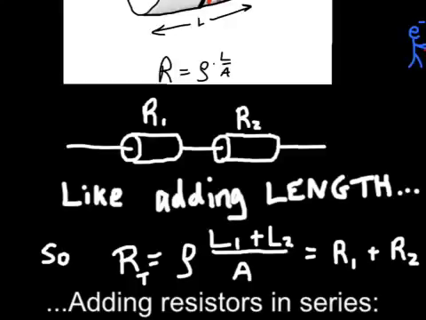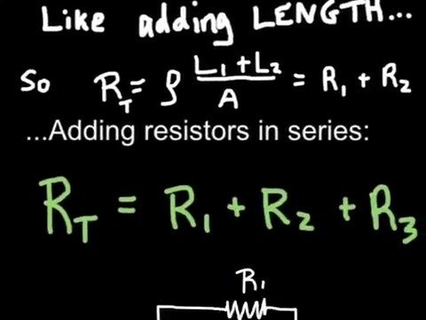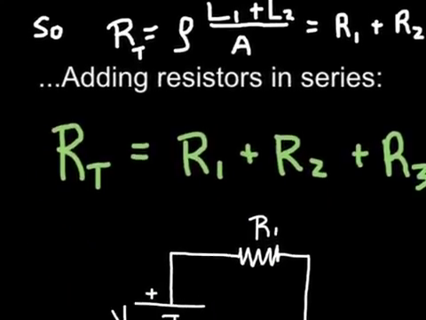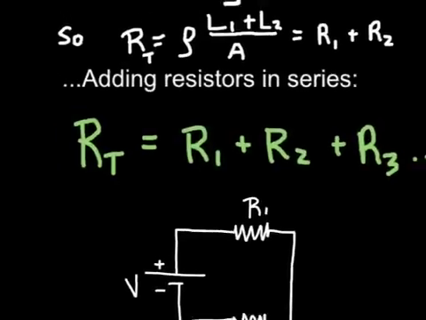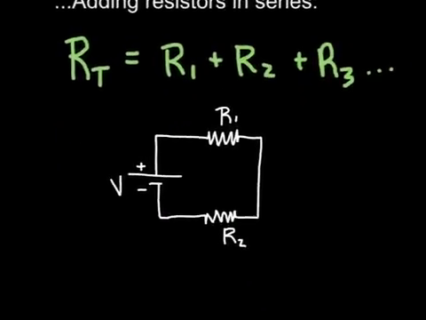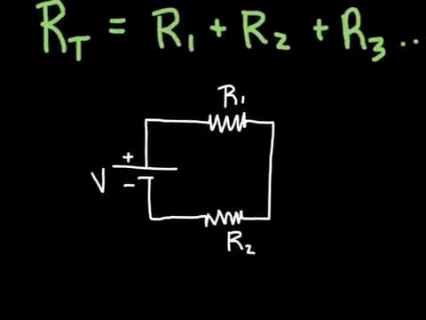So the resulting formula for adding resistors in series becomes R total equals R1 plus R2 plus R3, however many you have. It's simple addition. Here's an example of a schematic of a simple series circuit with two resistors. Notice there was only one wire, only one lane to travel through. There are no choices. You must go through both resistors. So adding resistors in this fashion is a way of increasing the total amount of resistance.